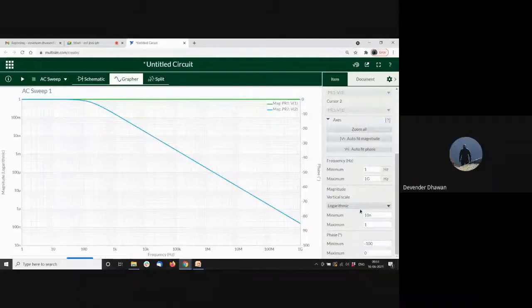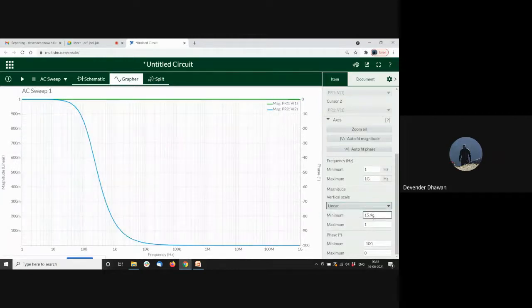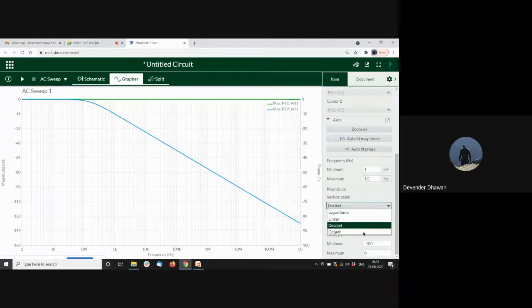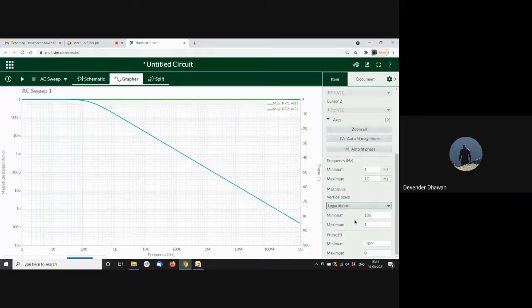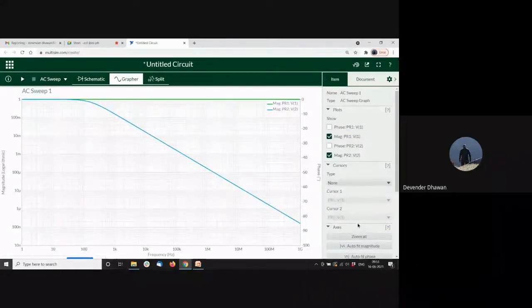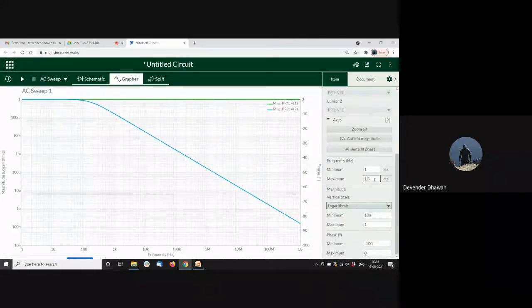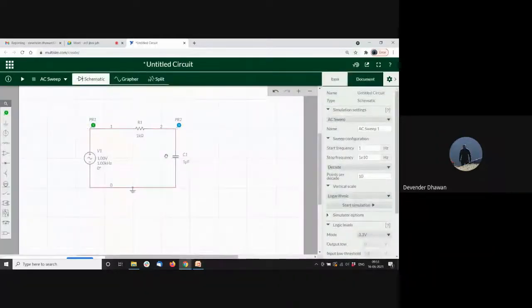A logarithmic scale I can also change, to a linear scale if you want, or a decibel scale, or an octave, but generally we use a logarithmic scale in this sort of thing. Then you can give the minimum and maximum value also here. So this is how you can make some changes here. I hope this is clear now.